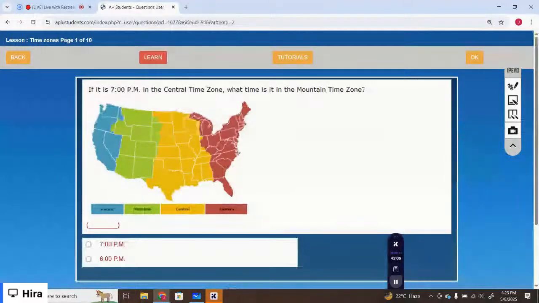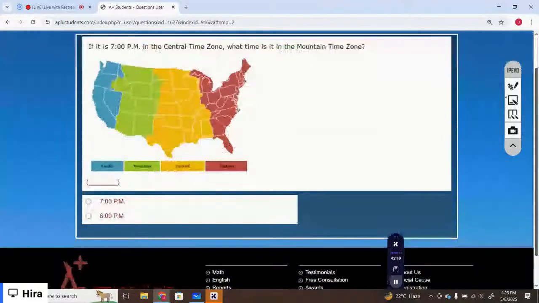If there is 7 p.m. in the central zone, what time is it in the mountain zone? So here is central zone and here is mountain zone.